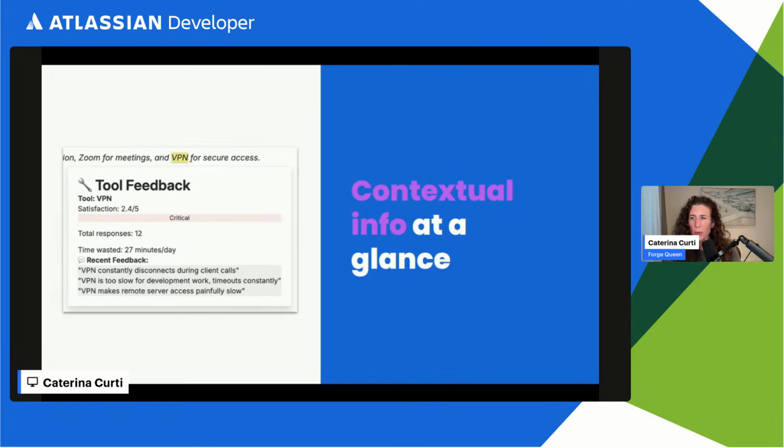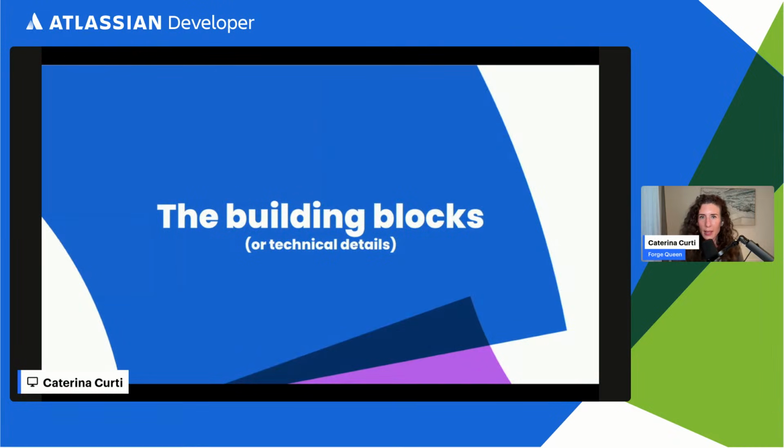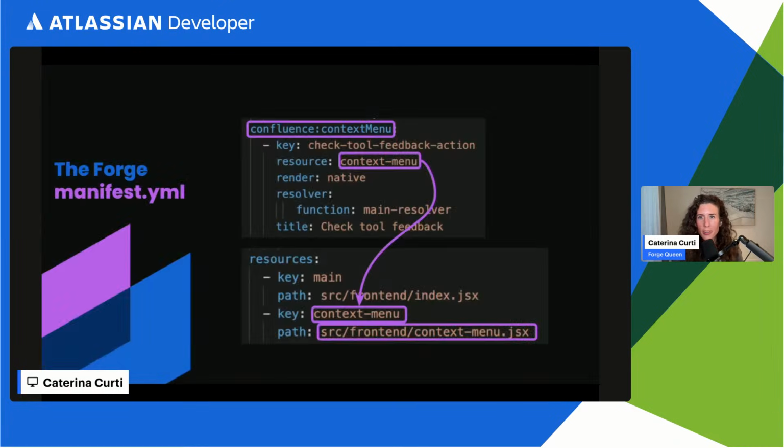In particular, we were loading the text that users entered in the survey. So it's a way to give you the information about a tool at a glance. Let's check the flow for that.